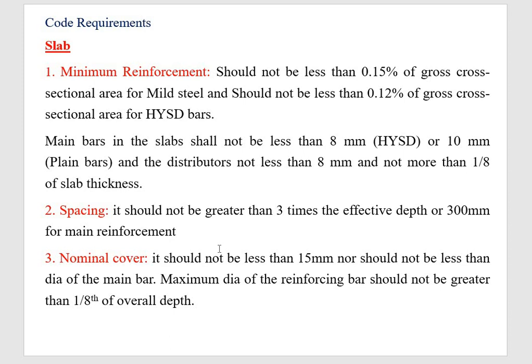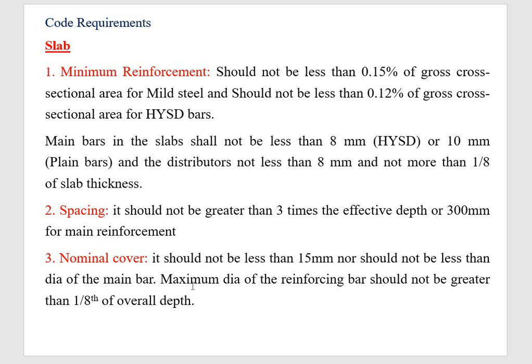The final one is nominal cover. It should not be less than 15 mm, nor less than the dia of the main bar. If you don't remember this 15 mm value, then remember that it should not be less than the dia of the main bar.